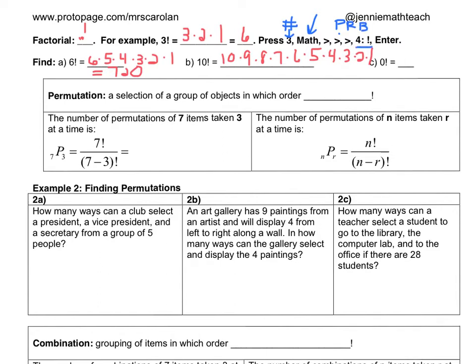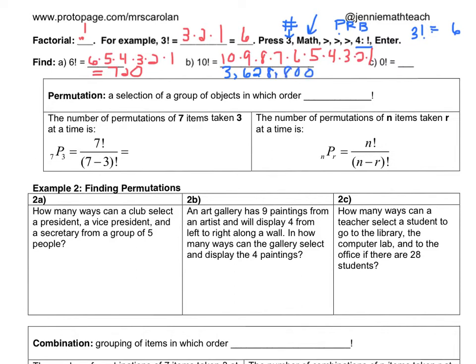And then if you look at option 4, it has the exclamation point, the factorial sign. So you press enter, it'll show up on your screen, it'll look like 3 factorial, and it'll tell you the answer is 6. So if you did 10 factorial on your calculator, you would get 3,628,800.